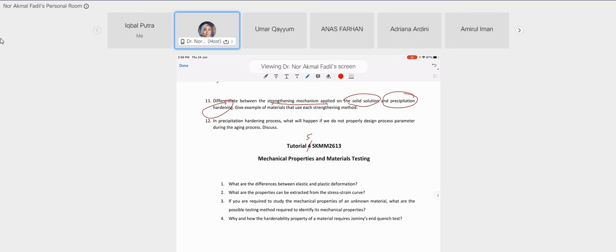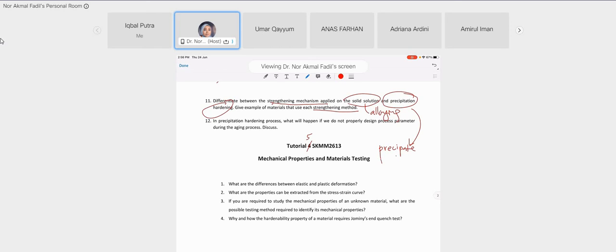Give examples of materials that use these strengthening methods. Okay. So you know what a solid solution is. Solid solution is alloying. And precipitation is whenever your material is able to produce precipitates.